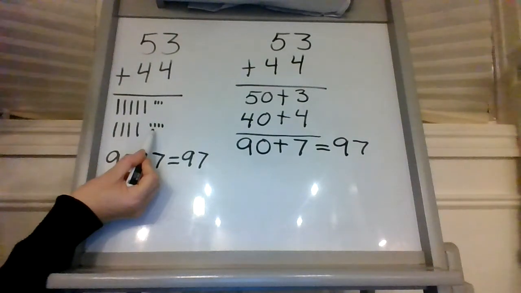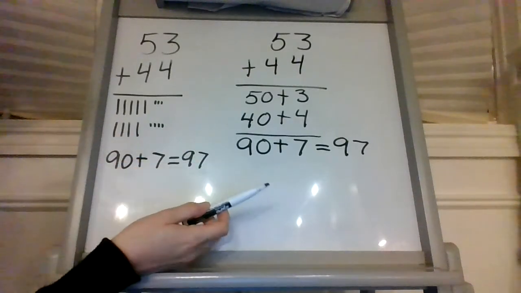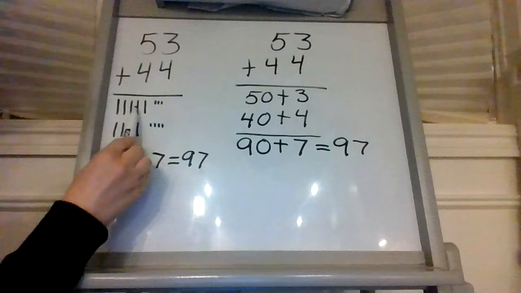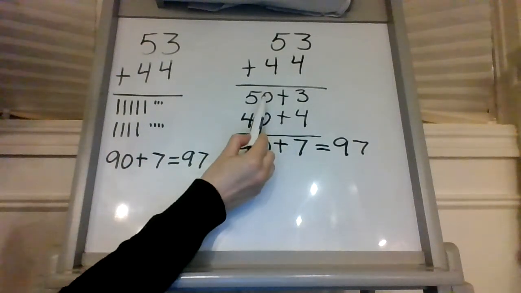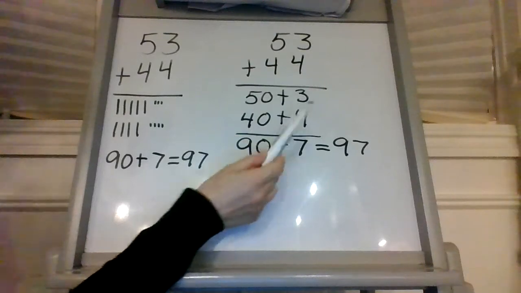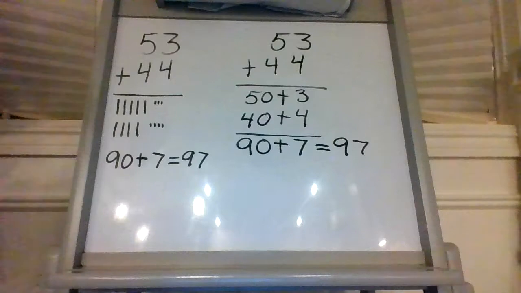Our base 10 shorthand, we added it together, and then we put it in expanded form. So instead of doing base 10 shorthand and adding it together, now we're going to do all expanded form and add them together. Okay? So we're going to try another example, and I'm going to show you the rest of the examples all using the expanded form here.